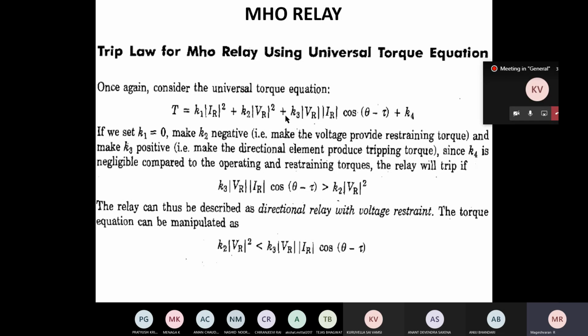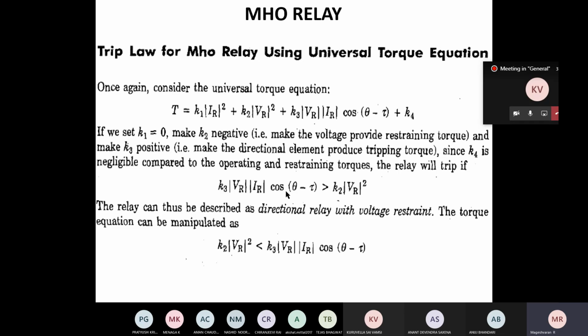So K3 we make positive, K2 negative, and K1 zero. By doing so, you can write the equation like this, based on what you are assuming.